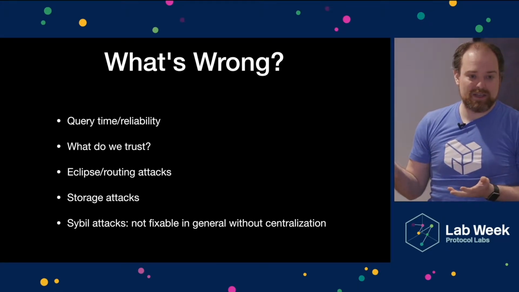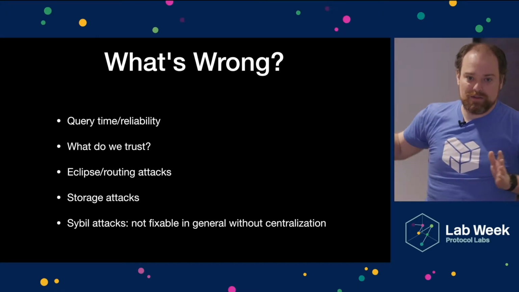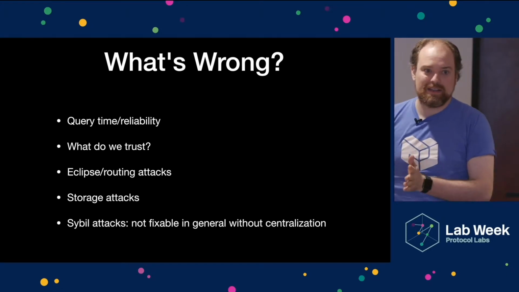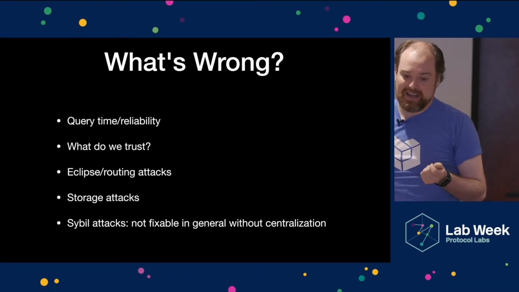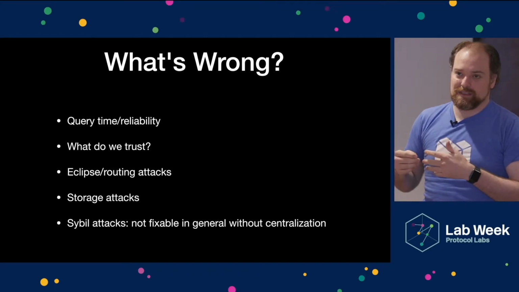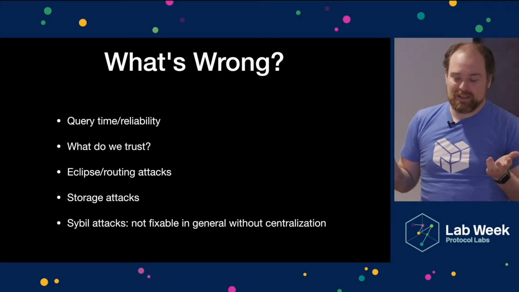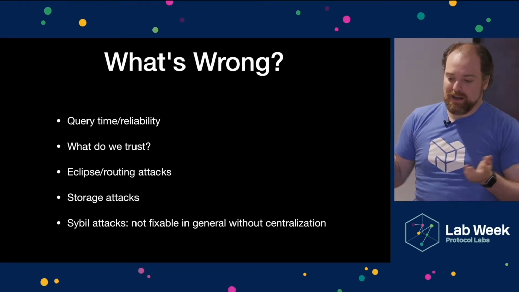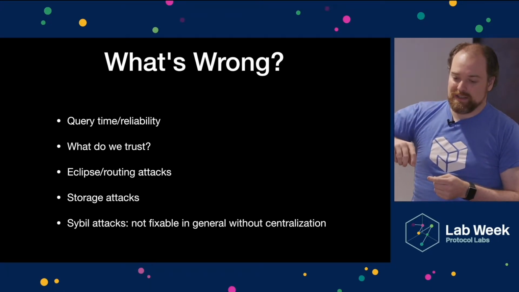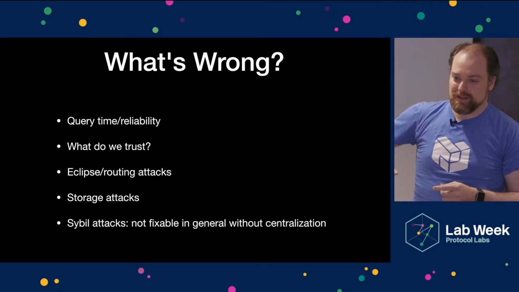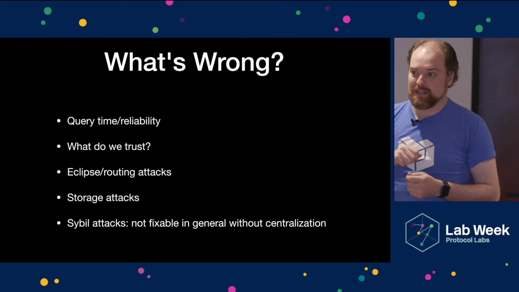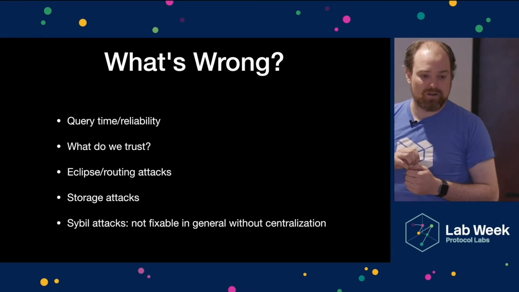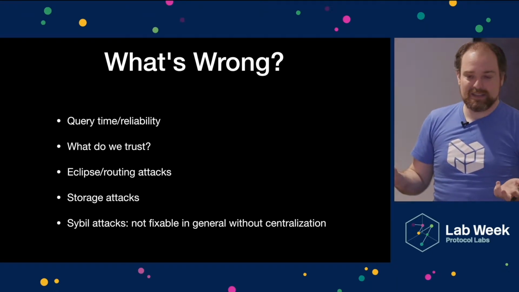If you wanted to block something, you basically get your node ID in the right place in the identifier space so you can control that and give out bad data. You can instead try to control all the nodes that a particular node connects to, so it's impossible to actually reach it. That's called an eclipse attack.